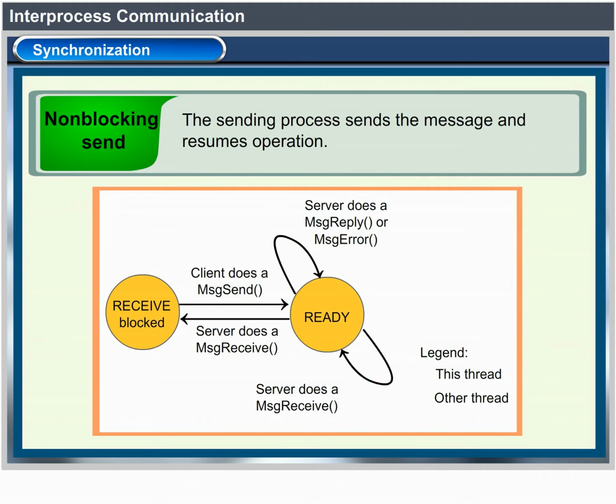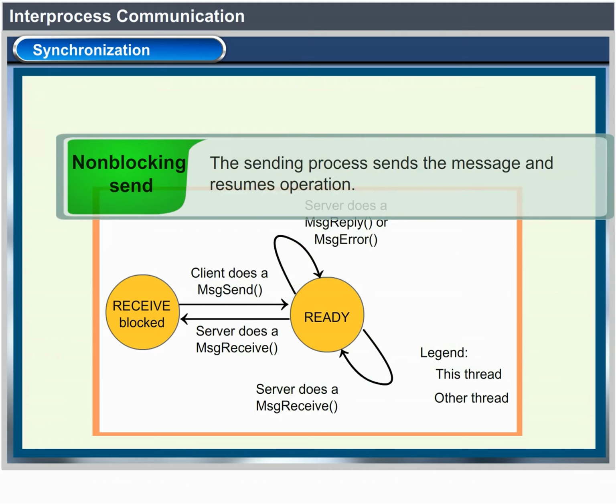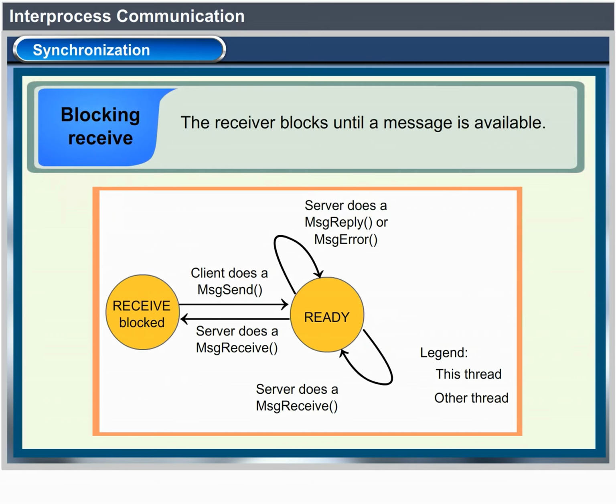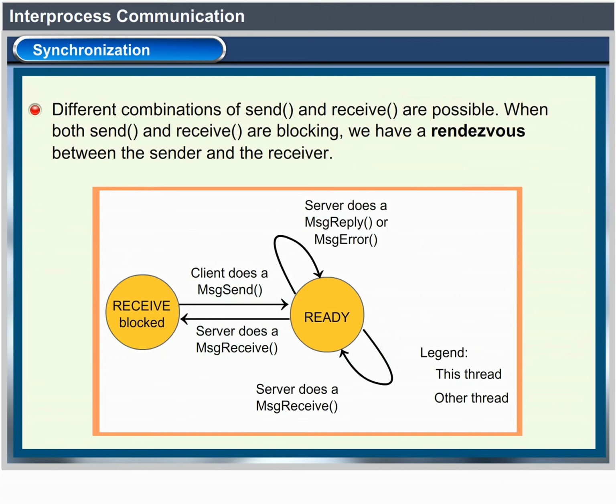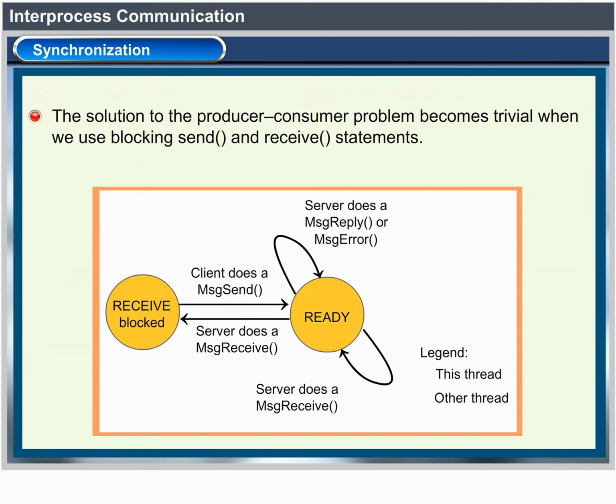Blocking receive: the receiver blocks until a message is available. Non-blocking receive: the receiver retrieves either a valid message or a null. Different combinations of send function and receive functions are possible. When both send function and receive functions are blocking, we have a rendezvous between the sender and the receiver. The solution to the producer-consumer problem becomes trivial when we use blocking send function and receive function statements.